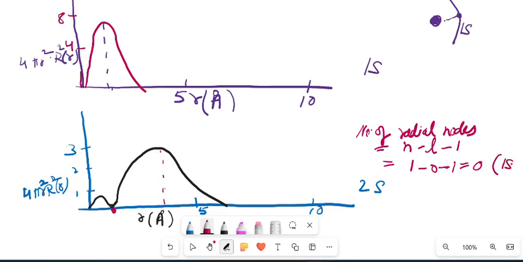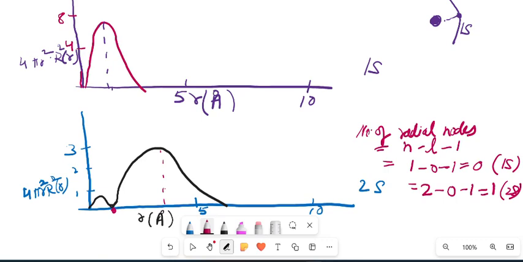This is for 1s. And for 2s, n is 2, L is 0, so the number of nodes is 1. We can see here that there is one node at which the probability density becomes 0.